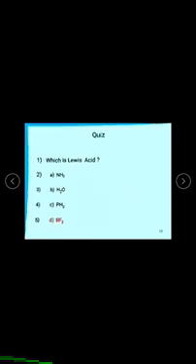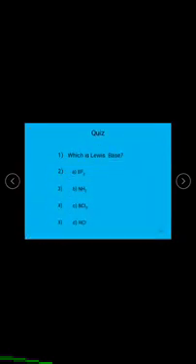Here the boron has an empty orbital, and it is capable of accepting a pair of electrons. And next one is, which is the Lewis base from the following? Boron trifluoride, ammonia, boron trichloride, HCl. In this, the right answer is ammonia.